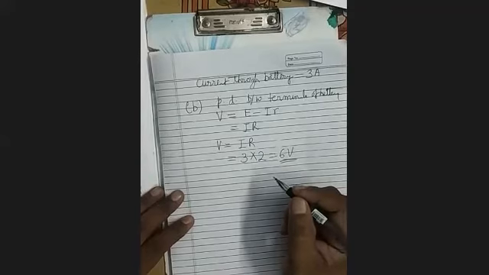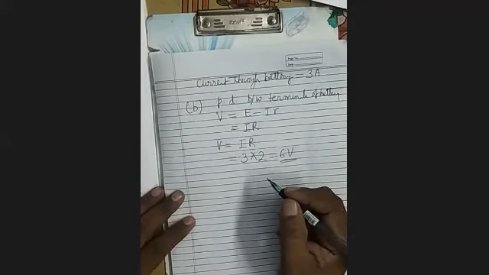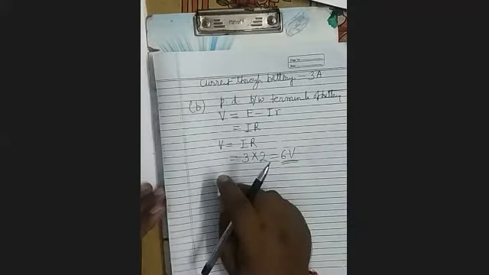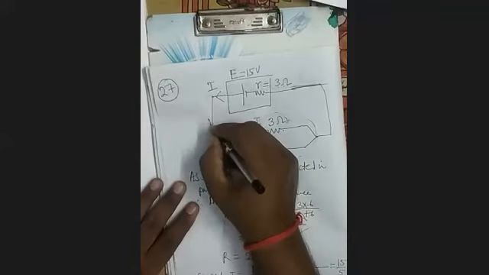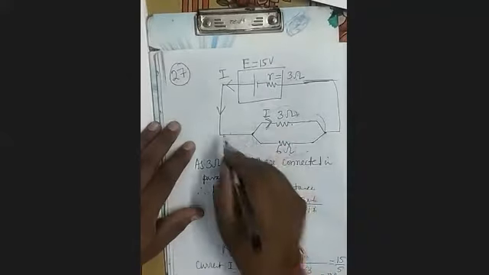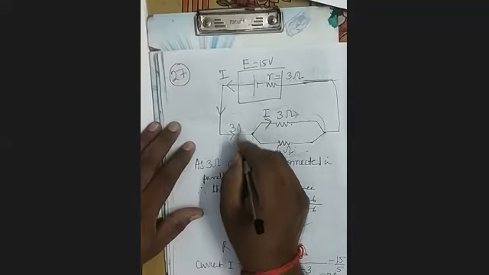Then you have to find the current in 3 ohm resistor and current in 6 ohm resistor. So you assume that if there is I current here, what is the total current? Total current you have calculated 3 ampere. It's clear? So if I current is flowing here, there is 3 ampere total.